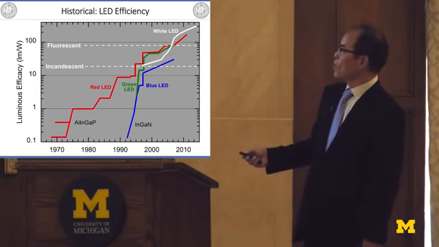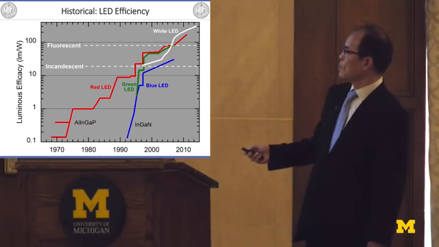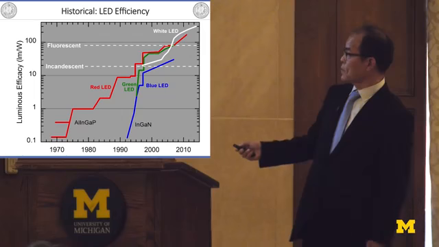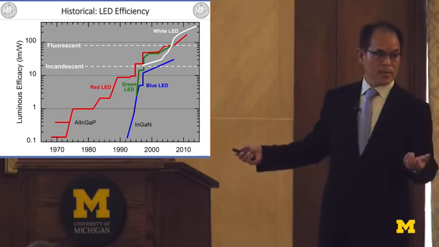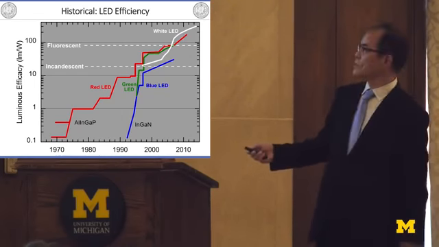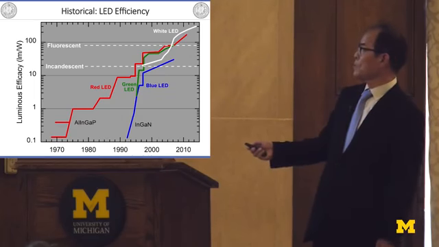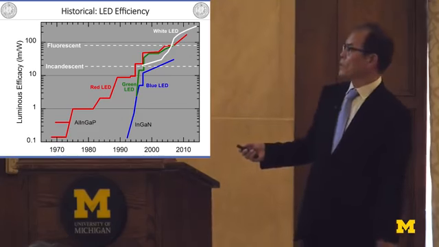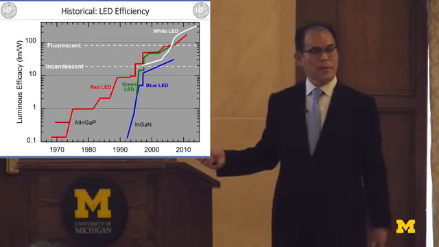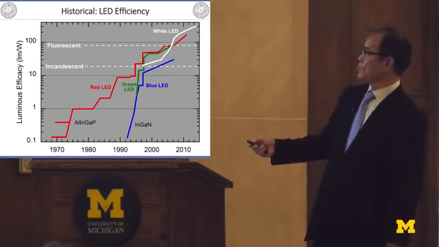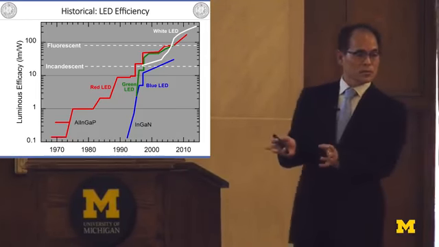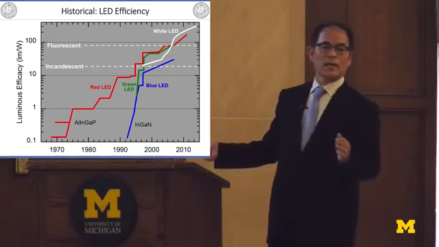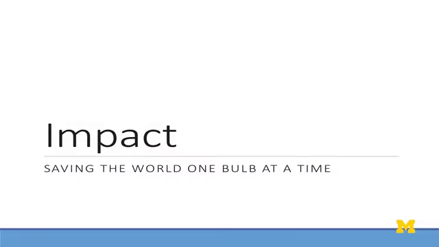I changed the material from aluminum gallium arsenide, which I used for red LEDs, to nitride. I also changed the crystal growth technique from liquid phase epitaxy to MOCVD. So I changed two things; the other processes were the same. That's why I needed only four years to develop blue LEDs.